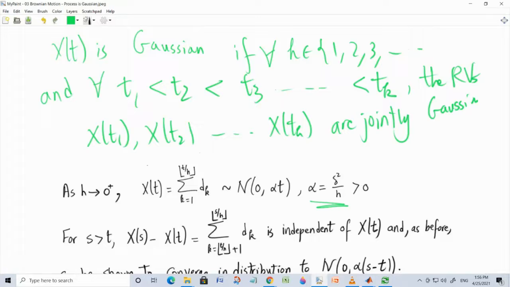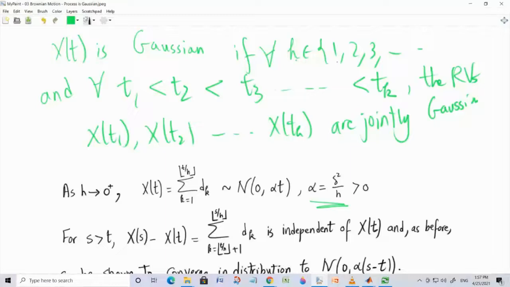So their PDF must be the multivariate Gaussian. The definition of jointly Gaussian is that if you take any linear combination of them, it is Gaussian, or we can do it using the characteristic function. So Gaussianity is really a tough thing, or it appears to be a tough thing.